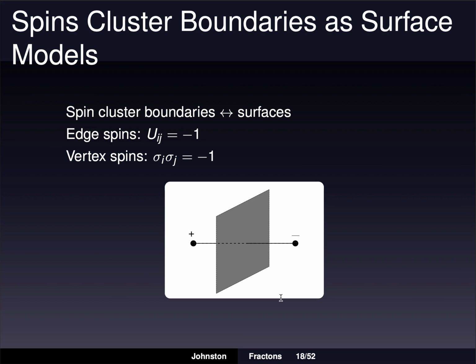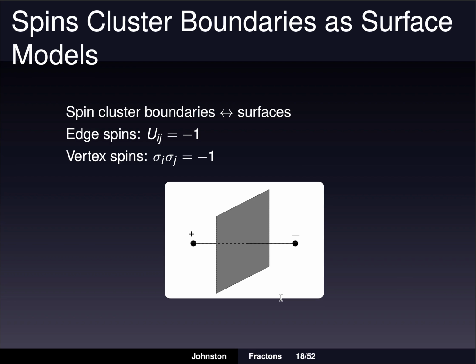You could do the obvious. You could have the plaquettes themselves and assign some weights to different configurations of the plaquettes and go away and simulate that directly. An alternative way of doing such a simulation would be to consider that the surfaces that you're interested in, you have some gas of surfaces in your lattice, are the spin cluster boundaries of some spin model.